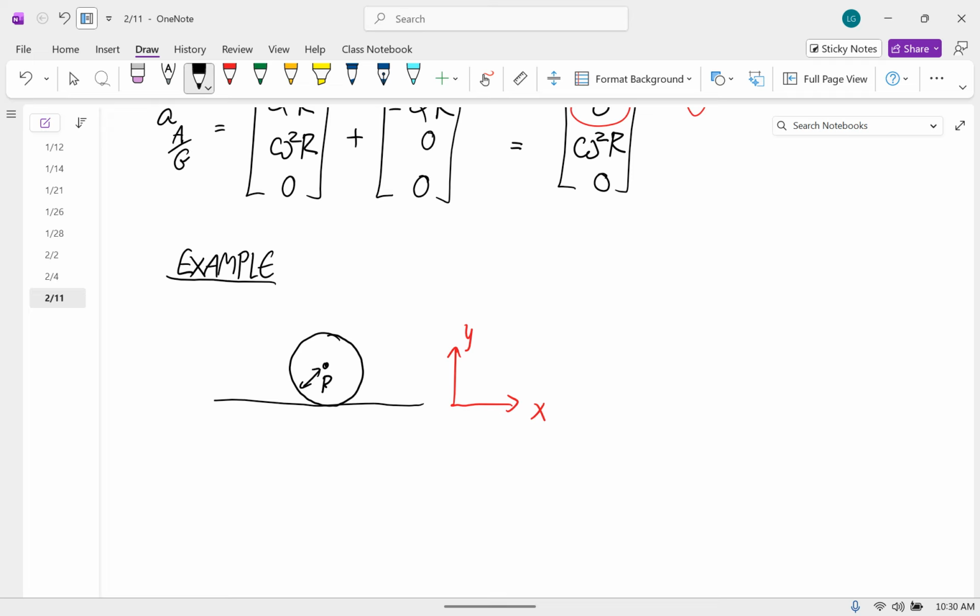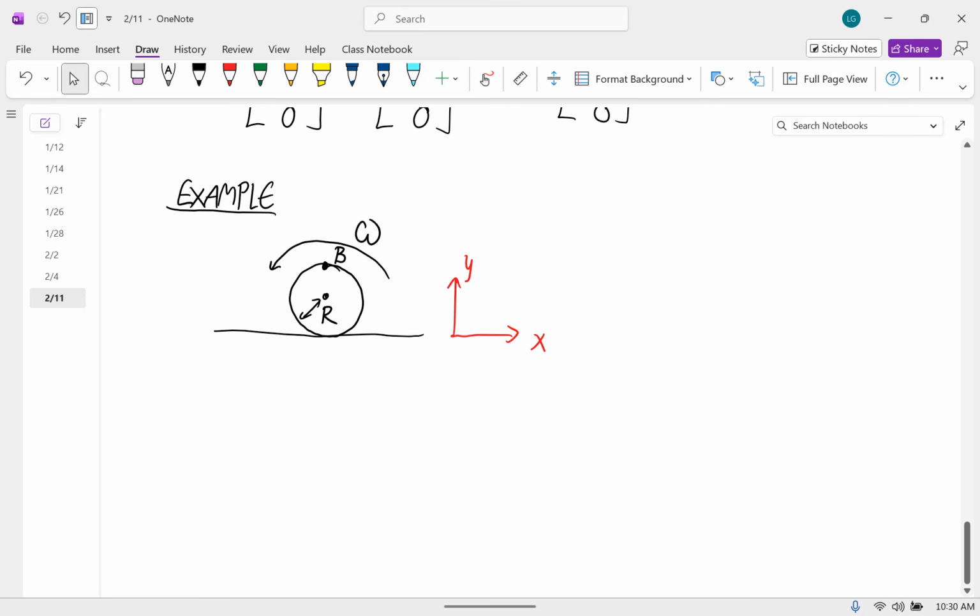And I'm going to call that R. And I'm going to say that we're following this circular motion with just a constant angular velocity of omega in this direction. And we're going to calculate this time the velocity of this point B.